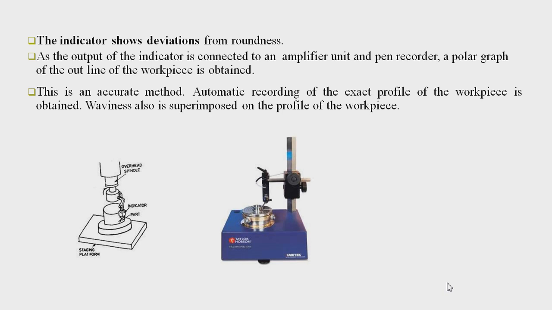Then the indicator shows deviation from roundness. As the output of the indicator is connected to an amplifier unit and pen recorder, a polar graph of the output line of the workpiece is obtained. This is an accurate method. Automatic recording of the exact profile of the workpiece is obtained. Waviness is also superimposed on the profile of the workpiece. Okay, students.